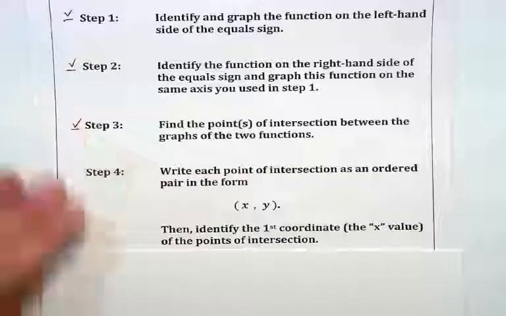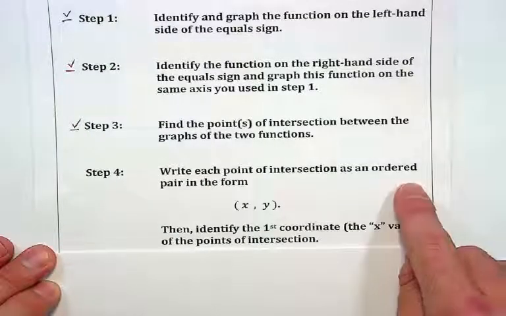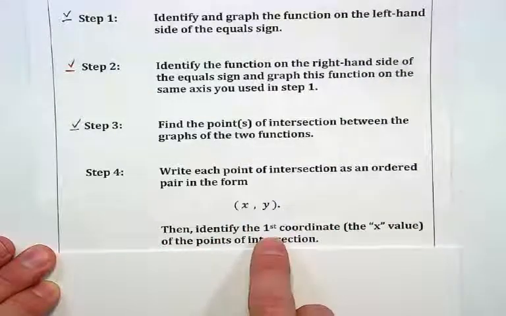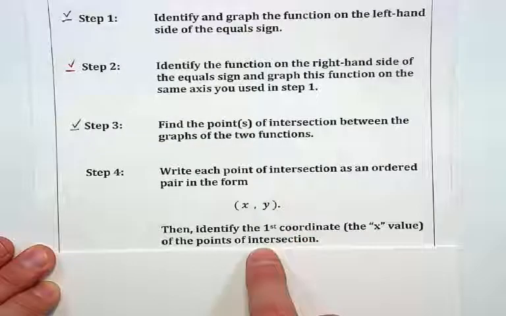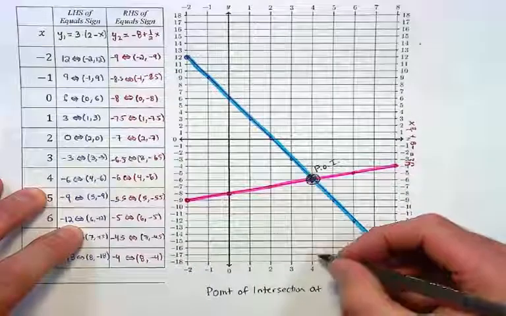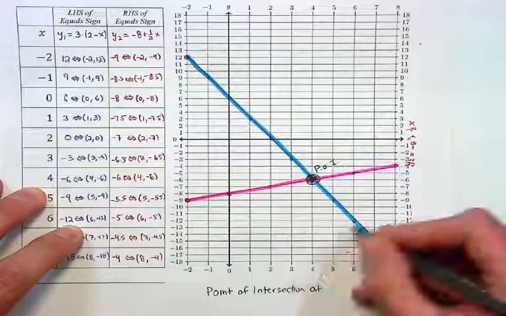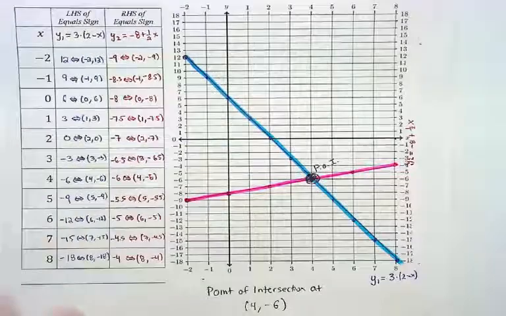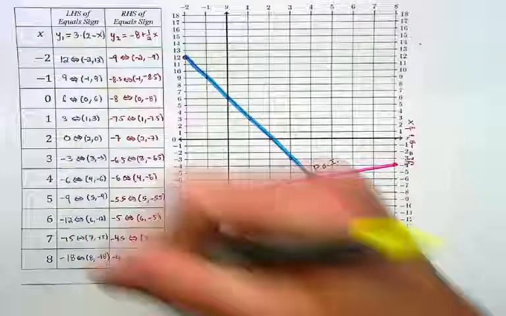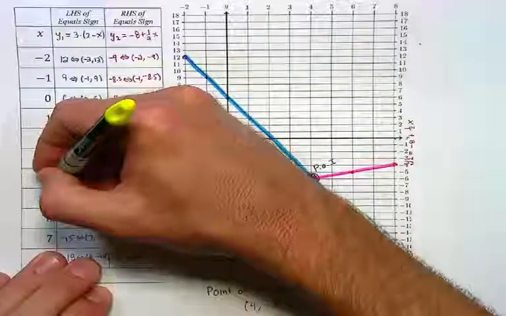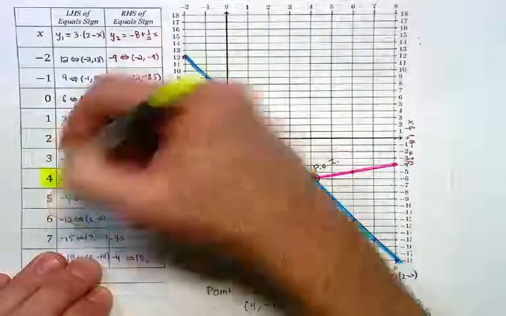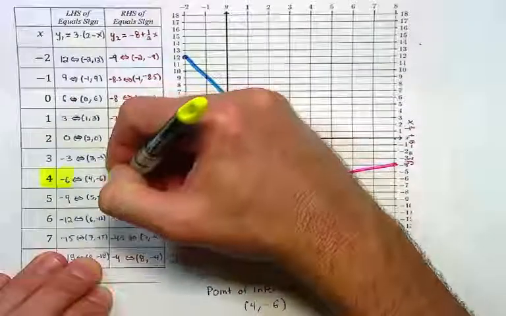Step 4 was to write each point of intersection as an ordered pair in the form x, comma, y. Then we're going to identify the first coordinate, aka the x value of this point of intersection. Returning to this particular value, we see this point of intersection happens when x is equal to 4 and y is -6. We could have also seen that from the table because notice that this input value produces the same output in y1 as the output in y2.